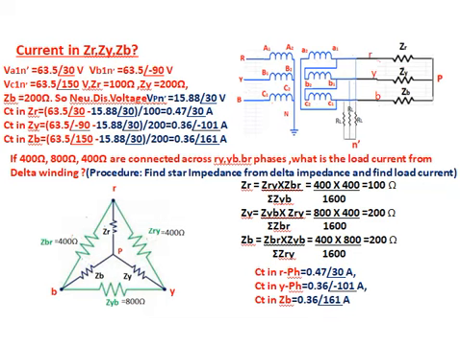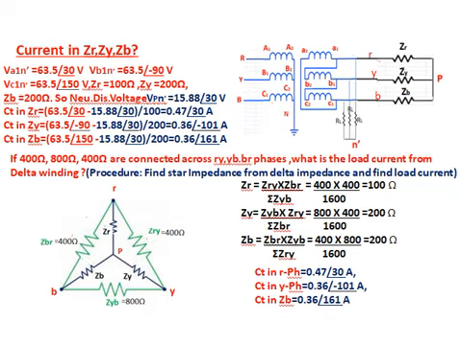Current in ZR, ZY, ZB we have to find out now. VA1N' equal to 63.5 angle 30. VB1N' equal to 63.5 angle minus 90. VC1N' equal to 63.5 angle 150. ZR is equal to 100 ohms, ZY equal to 200 ohms, ZB is equal to 200 ohms.